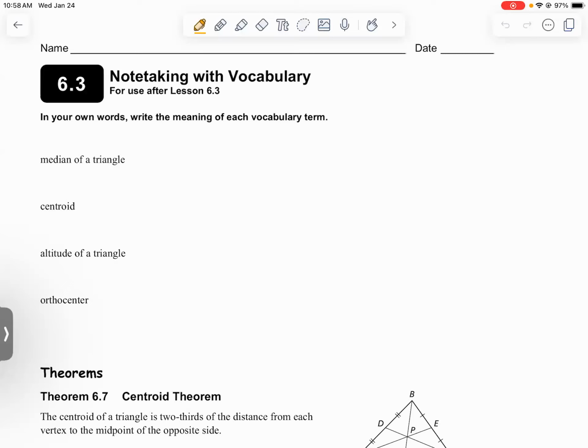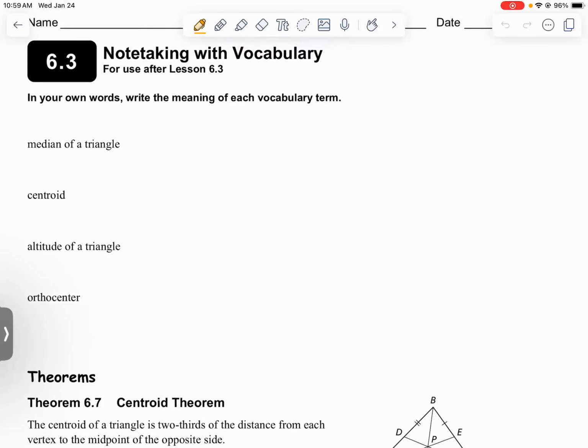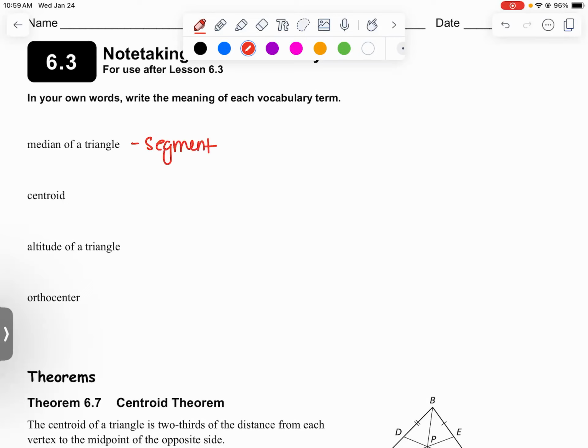Okay, so we're going to talk about 2 more points of concurrency today. The first 2 items we're going to talk about are the median of a triangle and the centroid. Median of a triangle: have you ever talked about what that is? The middle. I like that. It is a segment. We have a fancy word for middle when we're talking about a segment: midpoint.